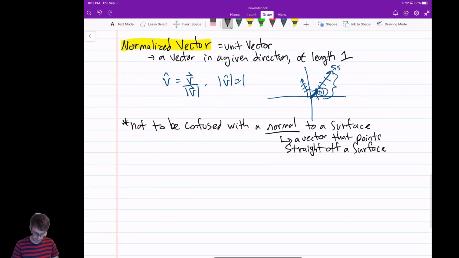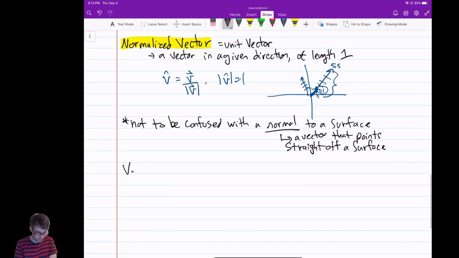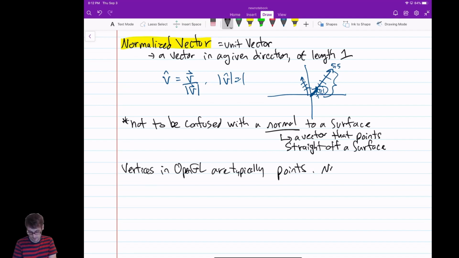Okay. The last thing I'll mention before we take a break is that vertices in OpenGL are typically points, not vectors.